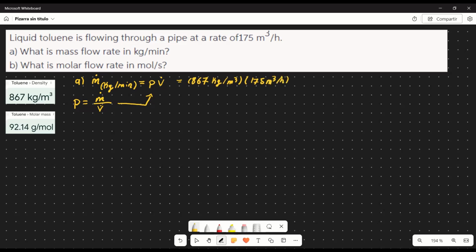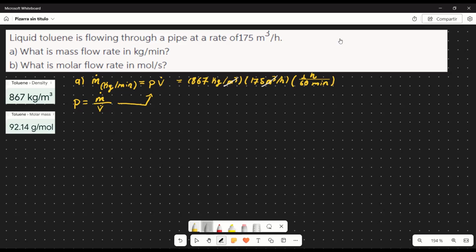What we see here is that when we multiply these magnitudes, the cubic meters cancel and we get a magnitude in kilograms per hour, but we want it in kilograms per minute. So we're going to use a conversion factor, which tells us that within each hour there are 60 minutes.